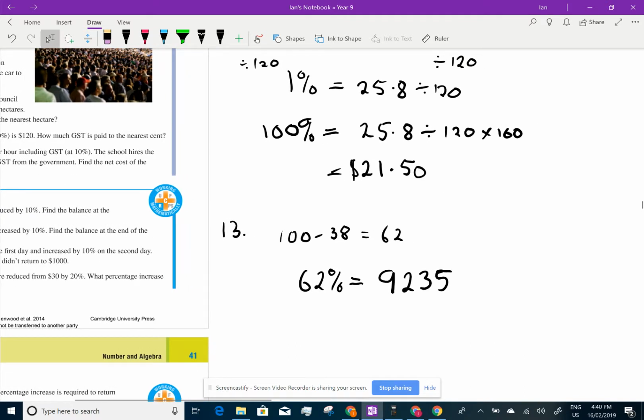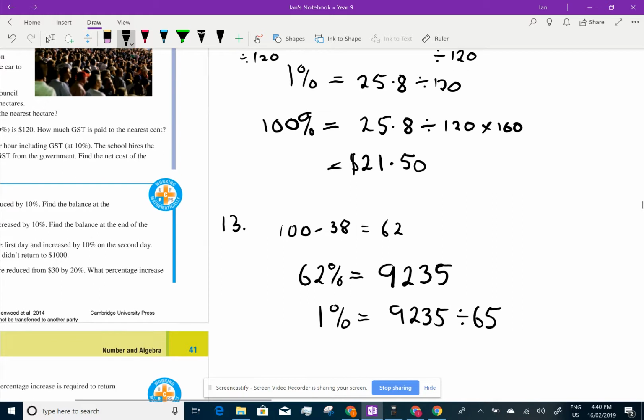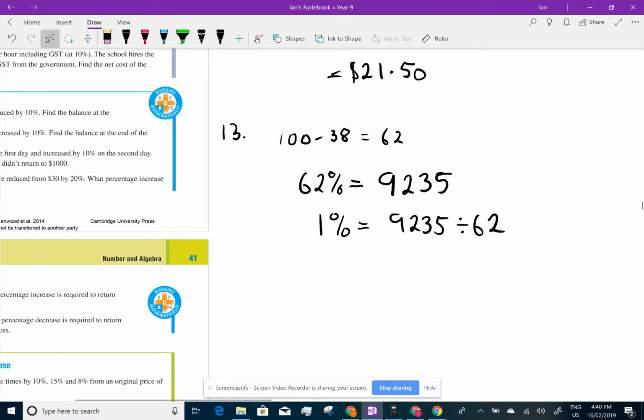Well, if that's 62%, let's use the unitary method. 1% equals 9,235 divided by 62. You're just dividing by the 62, both sides. But you don't want what 1% is. You want what it was originally. You want 100% equals 9,235 divided by 62 times 100.